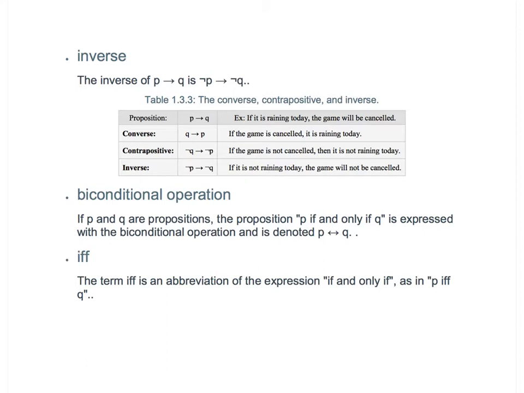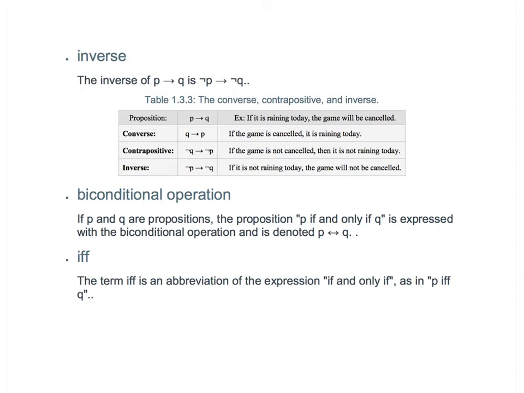So in this table, the first one and the third one are equivalent, and the second one and the fourth one are equivalent. But the first and last rows are not equivalent. The second and last rows are not equivalent. The third and last rows are not equivalent. We will talk about the logical equivalence of these forms later.